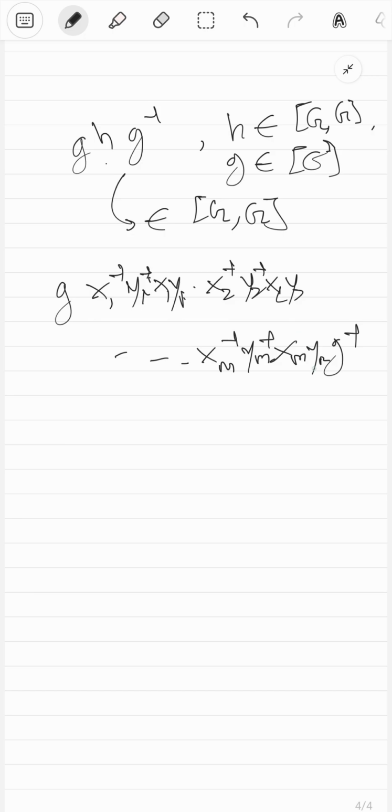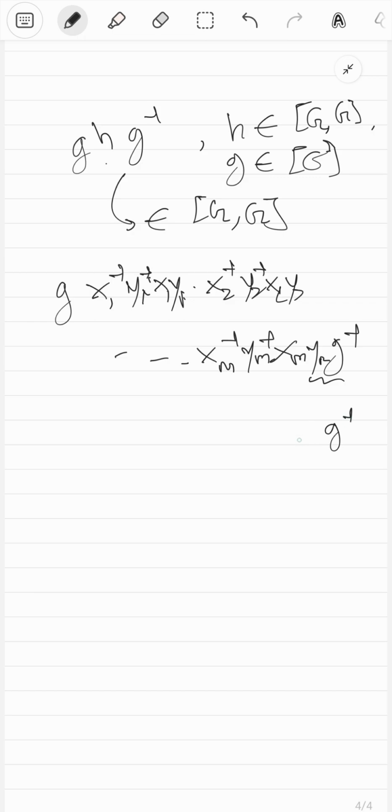We can have the whole thing being inverted, but that's probably not a good idea. So we want to write it as commutators, and you would need something like a g and then a y_m inverse. This part is what we are going to aim for.